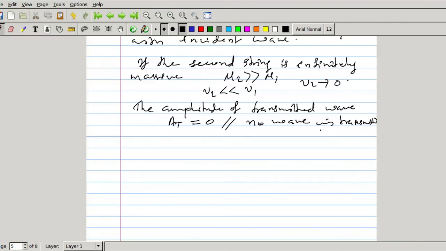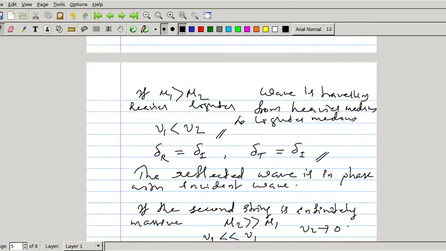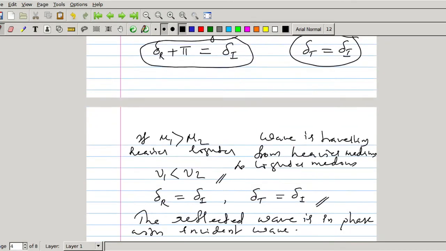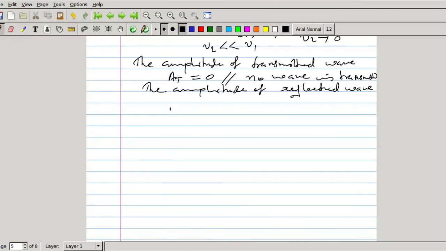If the second medium is infinitely heavy, then no wave will be transmitted to the second medium. What about the amplitude of the reflected wave? When V2 is 0, the terms with V2 are 0, so it is minus V1 by V1. V1 will cancel, so it is minus of AI. So AR equals minus AI.